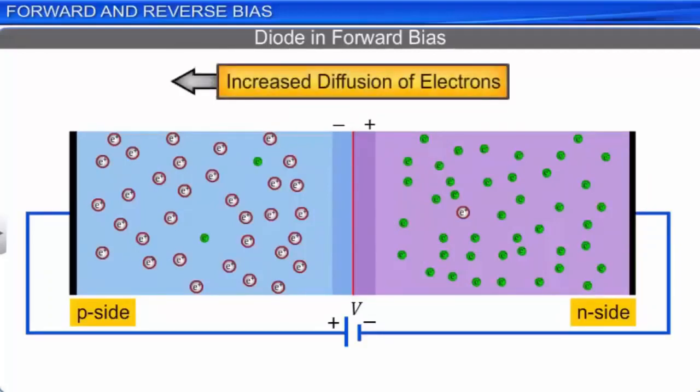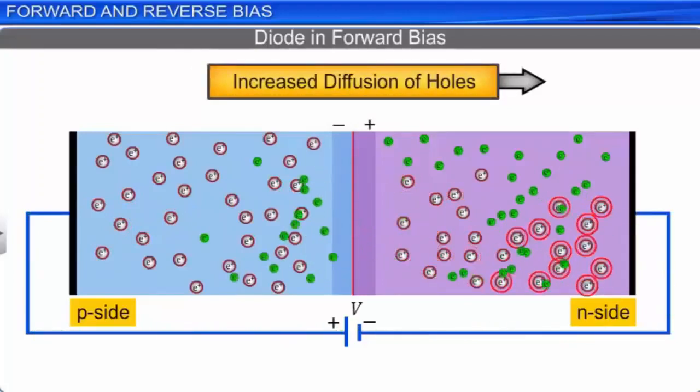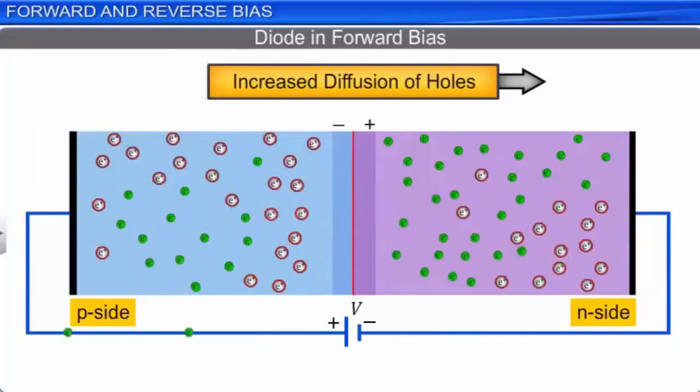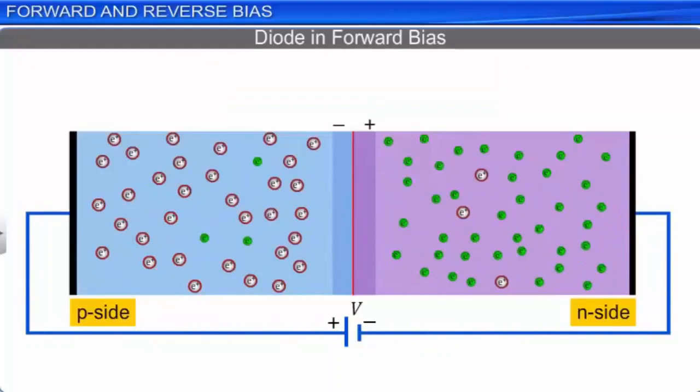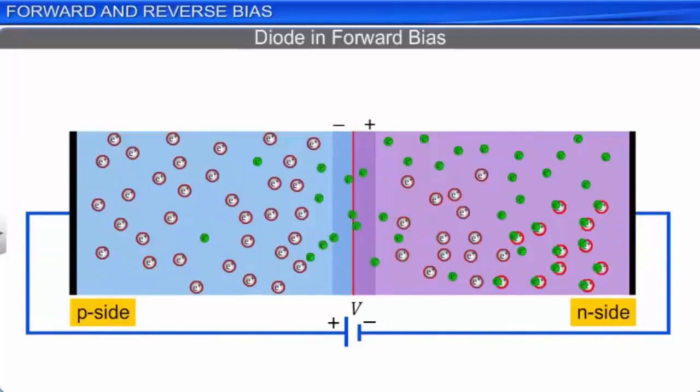Simultaneously, the diffusion of holes from the p side to the n side across the p-n junction also increases. Since holes and electrons are the minority charge carriers in the n region and p region respectively, this increased diffusion of charge carriers in a forward-biased diode is also called minority carrier injection.